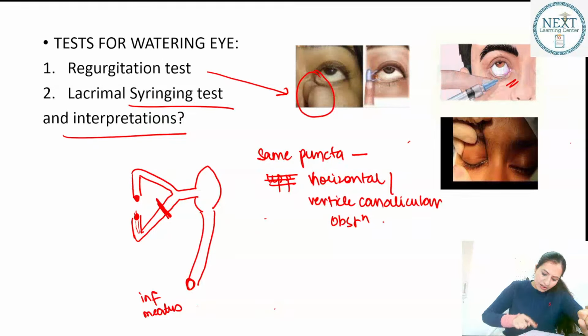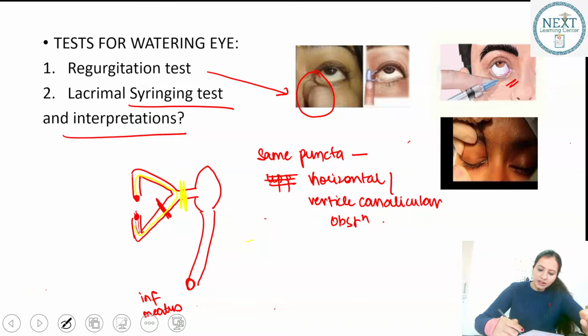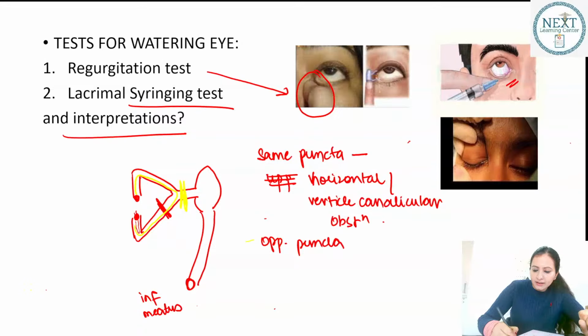If the fluid is going and it is coming out through the opposite puncta, that means there is some obstruction at the level of common canaliculus.